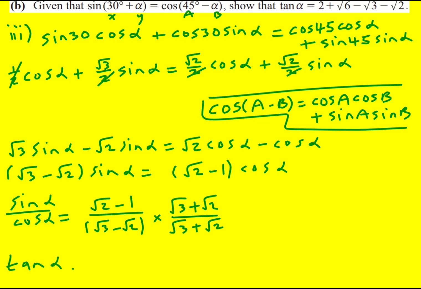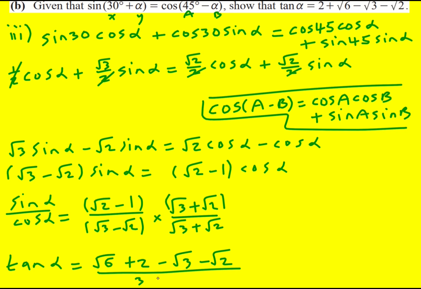So tan alpha. Remember, I've got like double brackets now. So I'm going to get root 2 times root 3, root 6. Root 2 times root 2, 2. I'm going to minus root 3, and I'm going to minus root 2, all divided by 3.